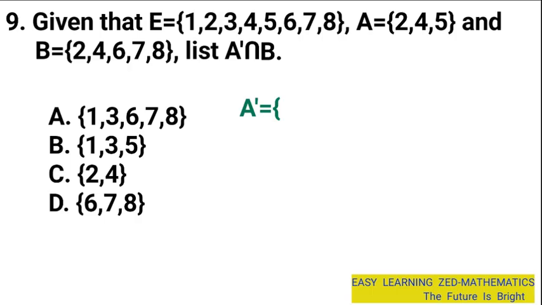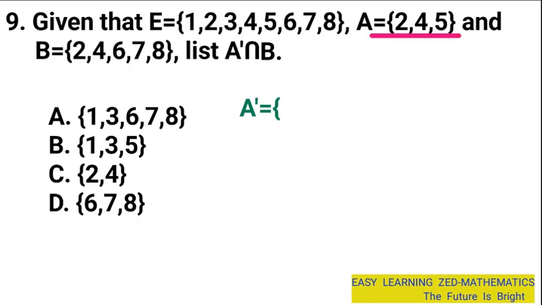In this question, when we say A complement, we are asking you students to find members that are found in universal set but they are not found in set A. So here we are going to compare set A to the universal set.